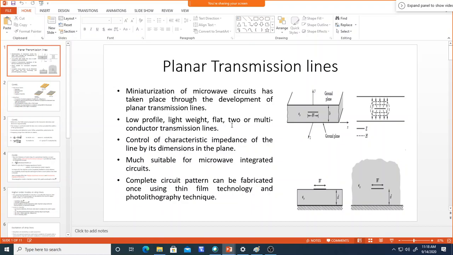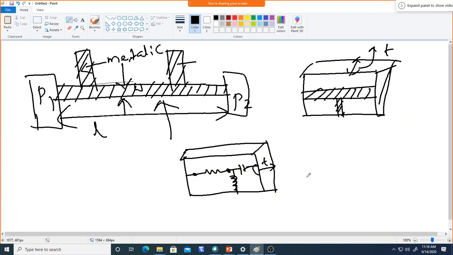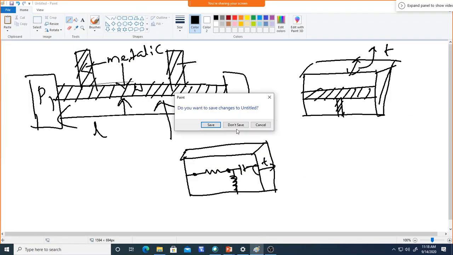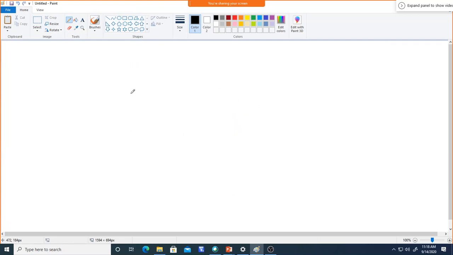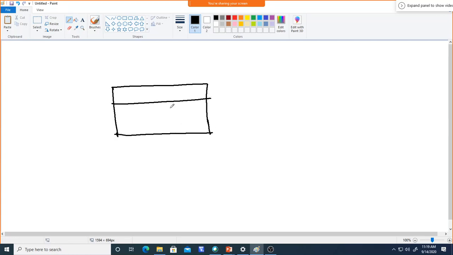Two, multi-conductor transmission line. Here you can see only one conductor is running, but you can even run a multi-conductor transmission line. If you take the example of CPW, the coplanar line, which we'll discuss later, you can run multiple conductors like this. CPW is one of the multi-conductor lines.